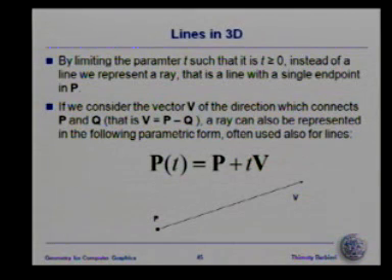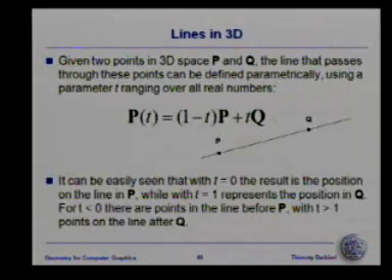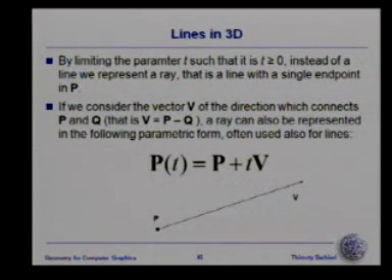If you have a ray representation, then you could write it in a slightly different way, which is using the origin of the ray plus its direction as a vector. It's easy to go from the segment representation over here to the ray representation over here, because V as a direction can be calculated very easily.